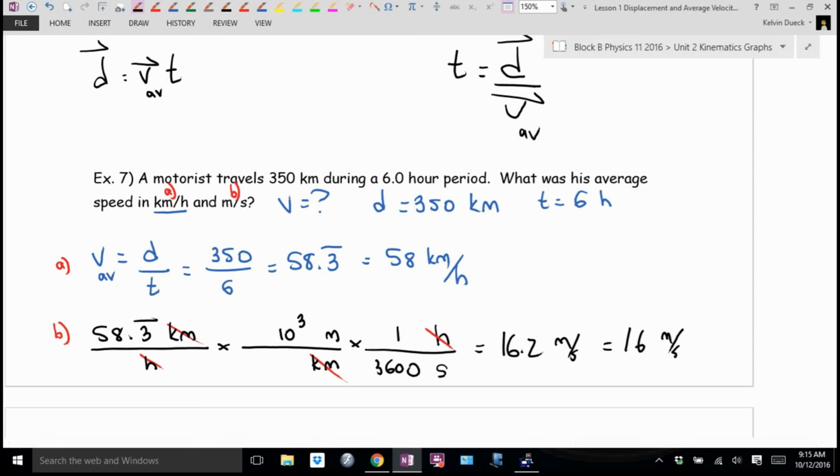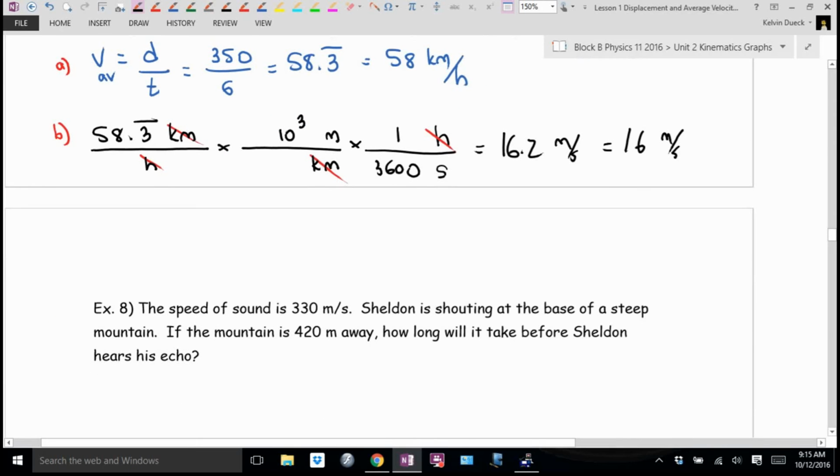I want to combine that 10 to the 3 and that 3,600, and it turns out you can. It's the same as dividing by 3.6. So, top of the next page, I'd like you to write a little kilometers per hour right there. Leave a space. Write a little meters per second right there.